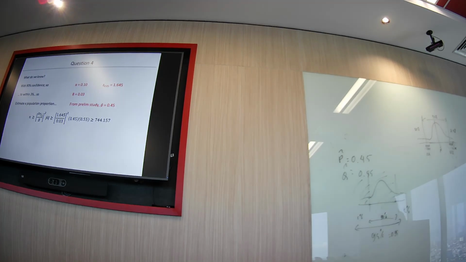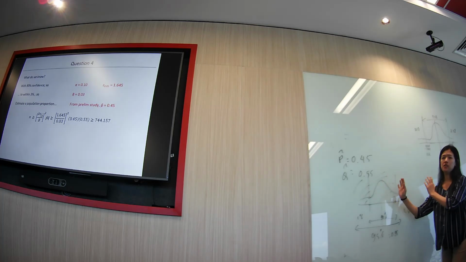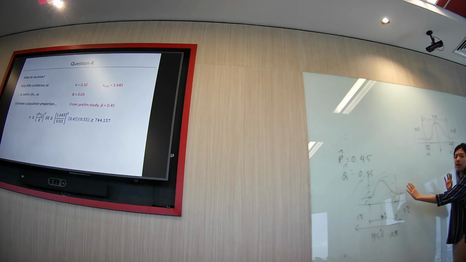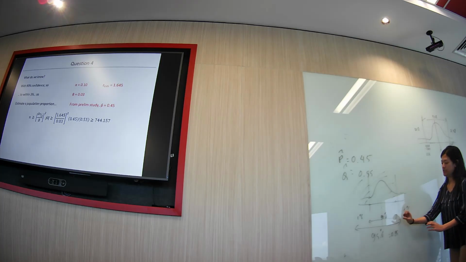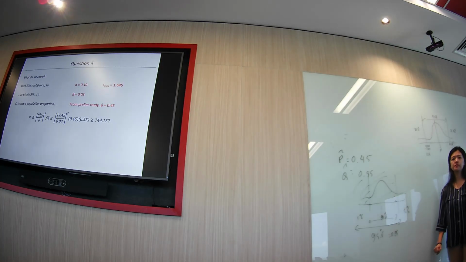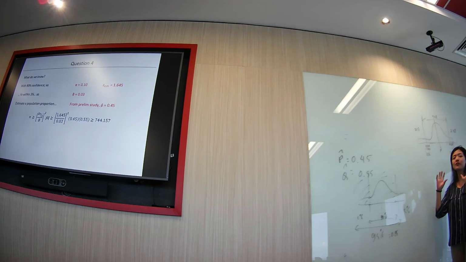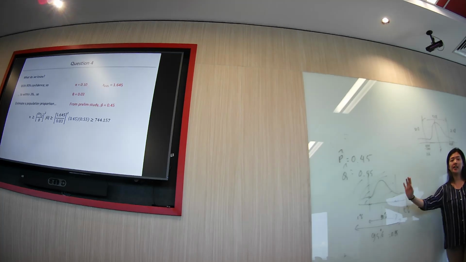If you want to find the n, which covers all of this, the n should be larger than this one. So it should be about the left area. For finding the sample size, it should be larger than the minimum, right? So you just care about the left area.